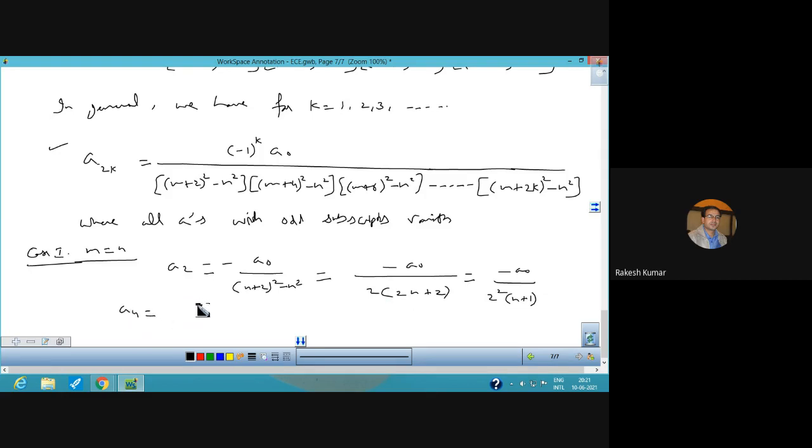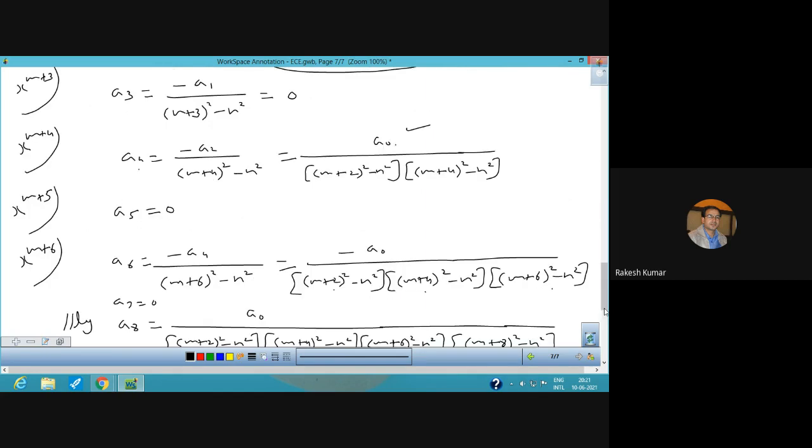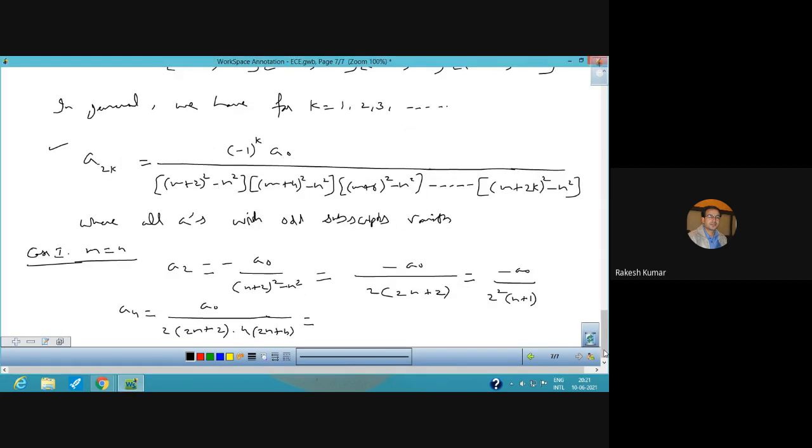Similarly, a4 will be a naught, that is 2 into (2n plus 2) into 4 into (2n plus 4). m की वैल्यू n पुट कर दीजिए in a4. This is your a4. Put m equal to n here. So (n plus 4) whole square minus n square. (a minus b)(a plus b) लग जाएगा.